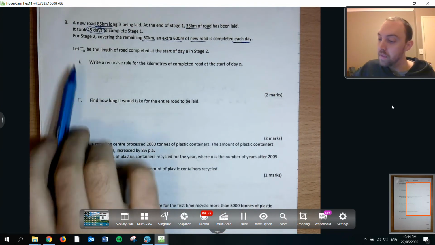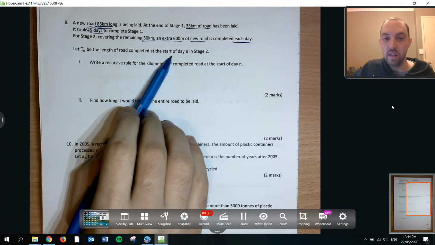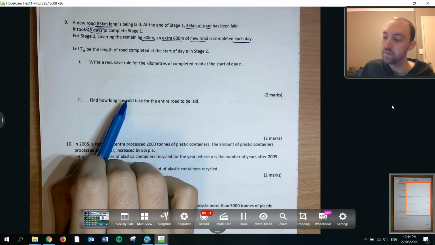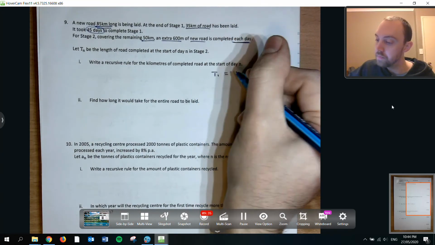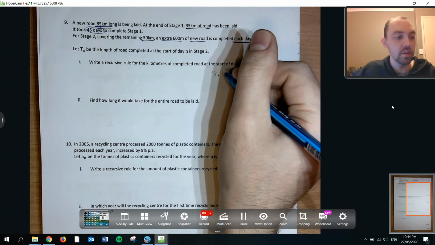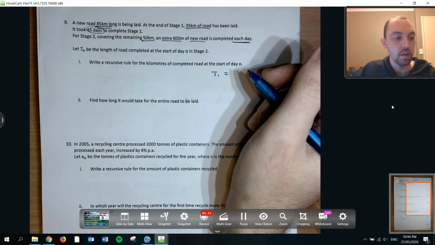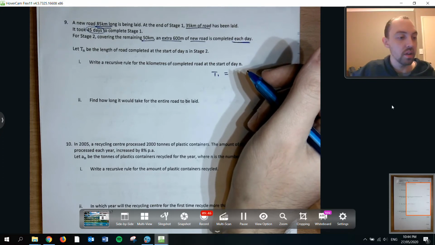Let's find out. Let Tn be the length of road completed at the start of day n at stage 2. So at the start of day 1, what is... sorry, just a sec.